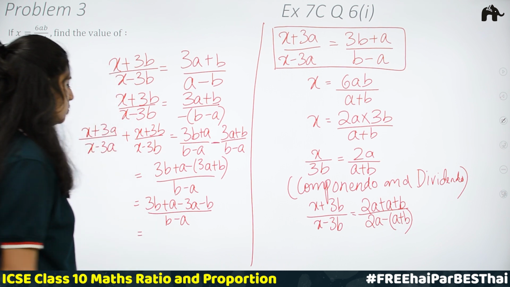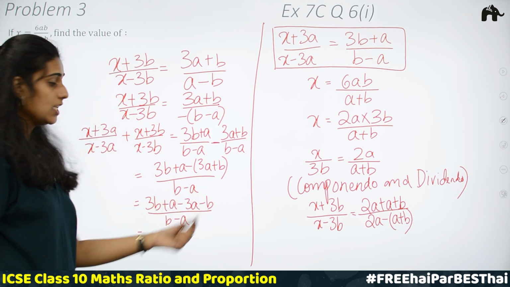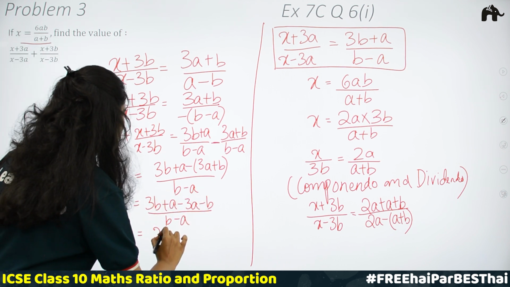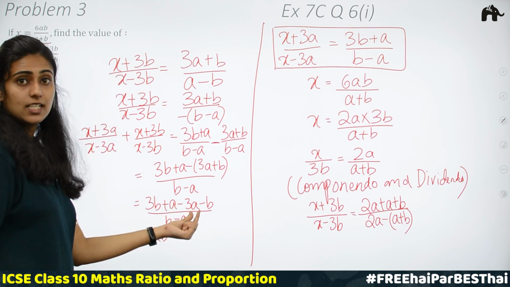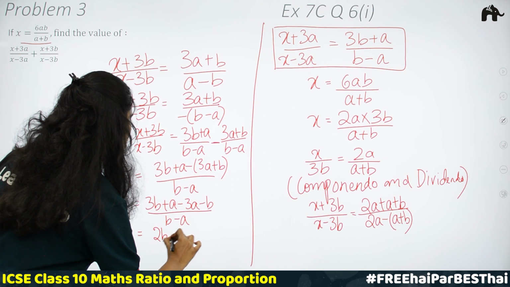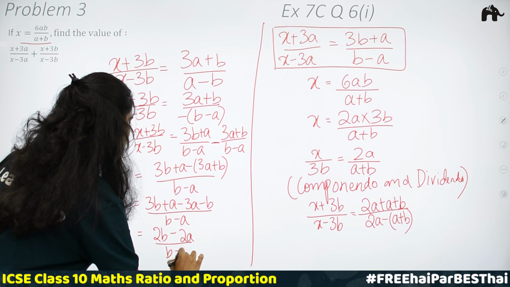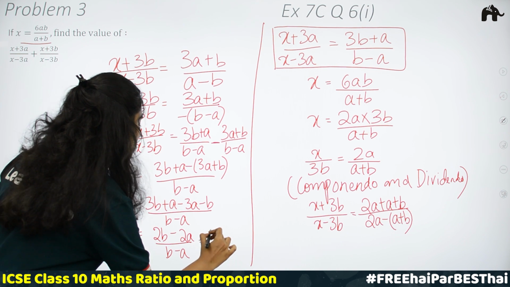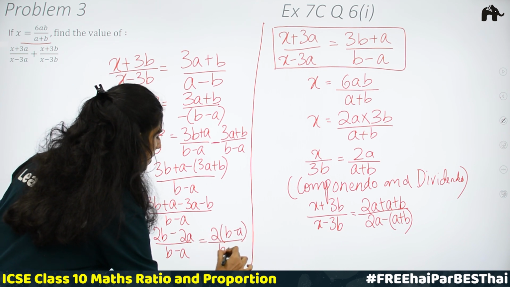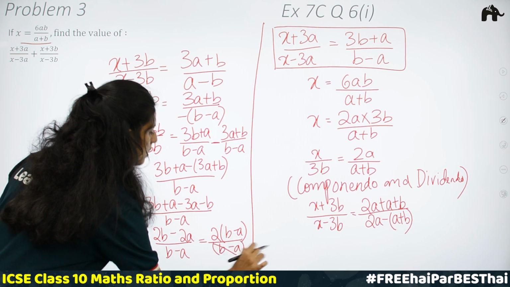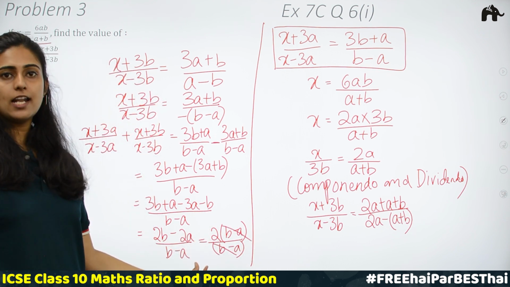That is equal to 3b minus b is 2b plus a minus 3a is minus 2a divided by b minus a, which is equal to taking 2 common, 2 times b minus a divided by b minus a. b minus a and b minus a can be cancelled. We will be getting final answer 2.